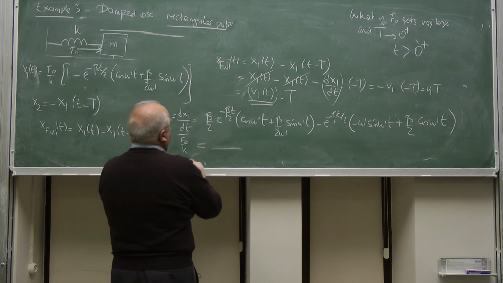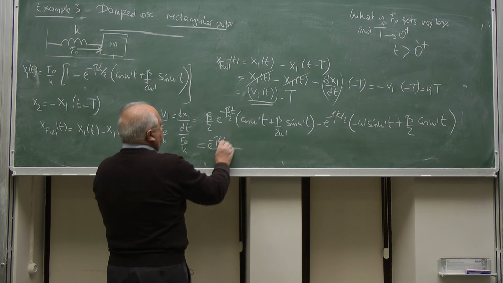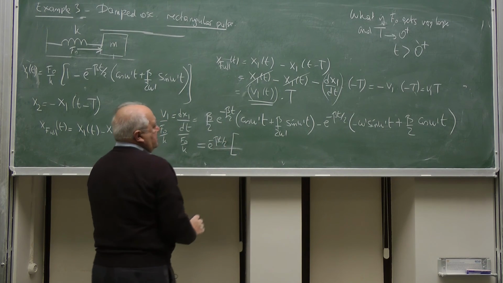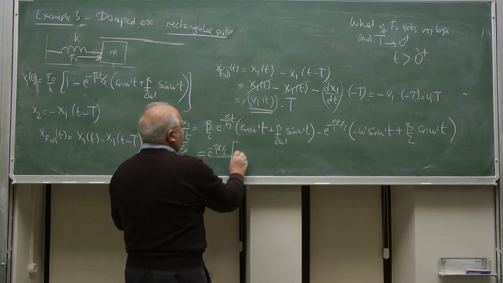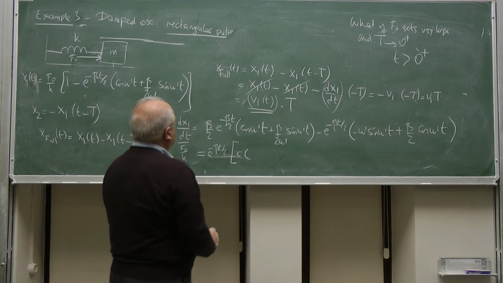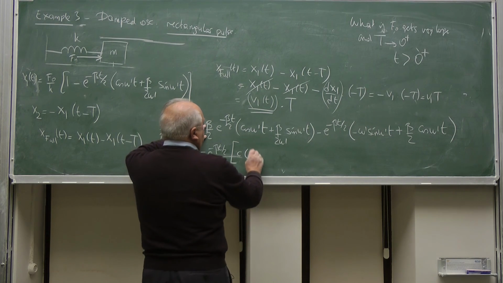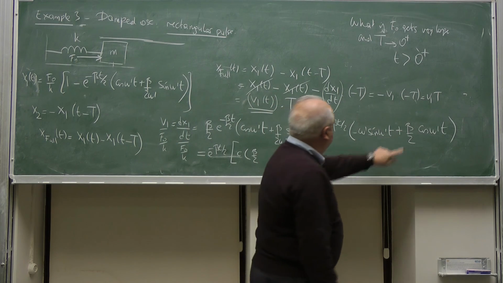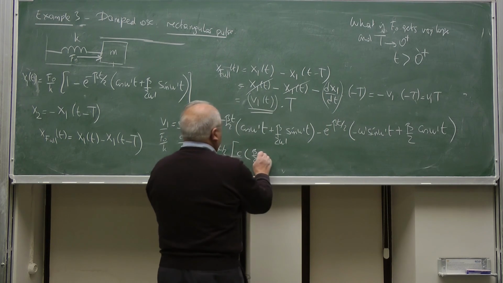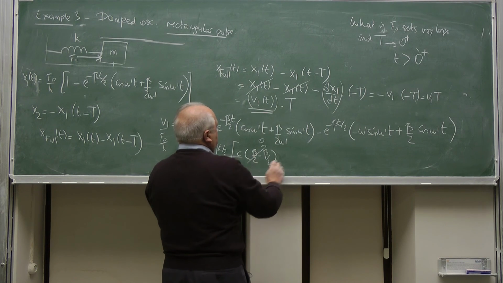Equals e to the minus beta t over 2. Let's collect the coefficients of cosine. Here I have a beta over 2, here I have a minus beta over 2, so that's basically 0.